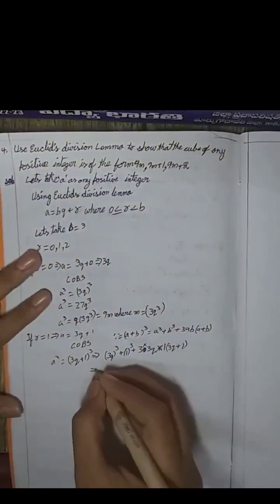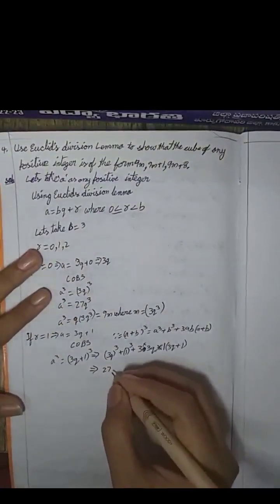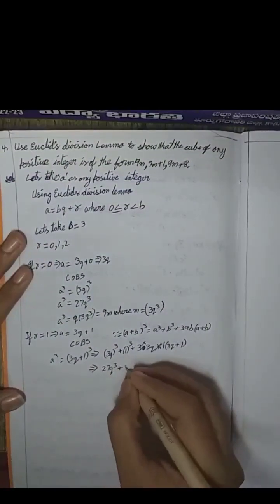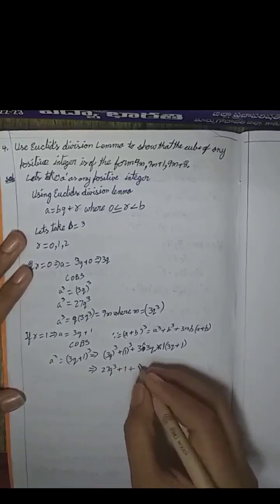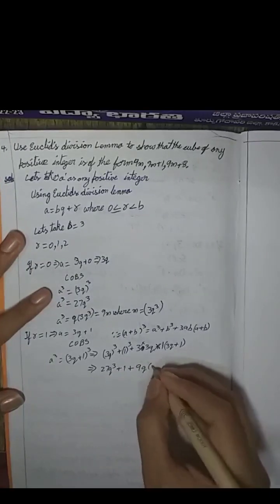Now we need to simplify this. 27q cube plus 1 plus 9q into 3q plus 1.